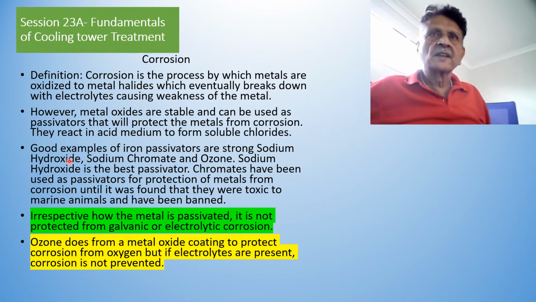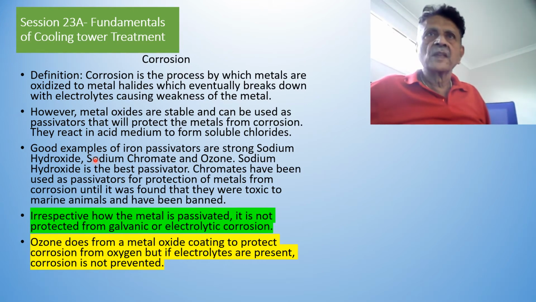Likewise, before 1984 or 1985, sodium chromate or dichromates were being used as preservatives, or rust prevention or corrosion resistant chemicals, in cooling towers.